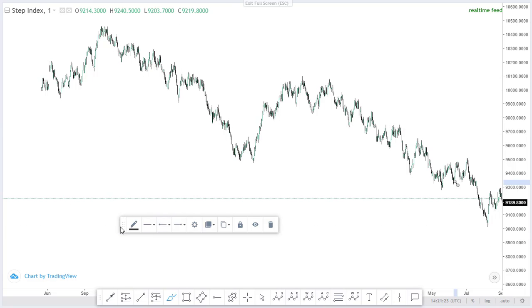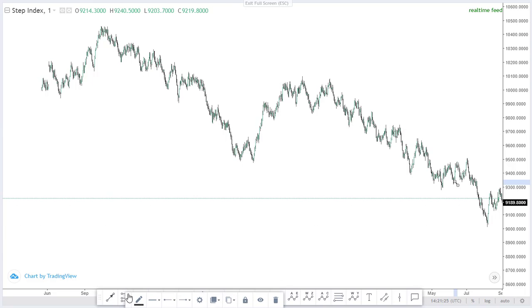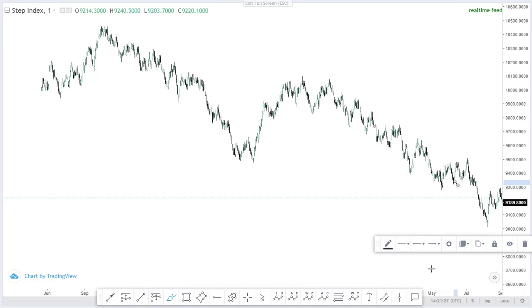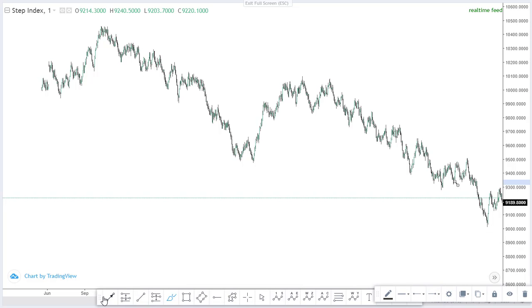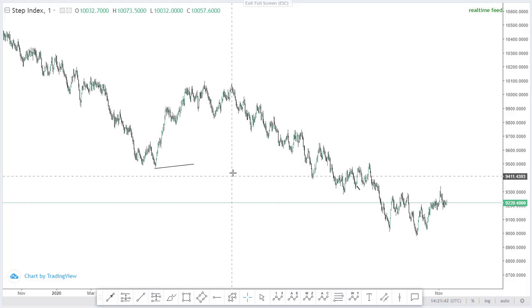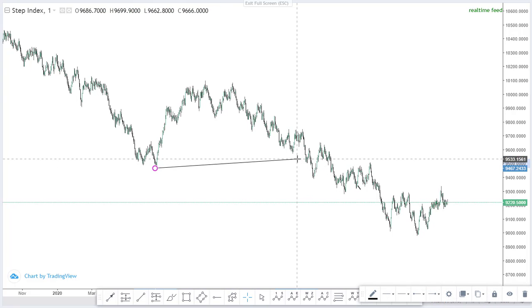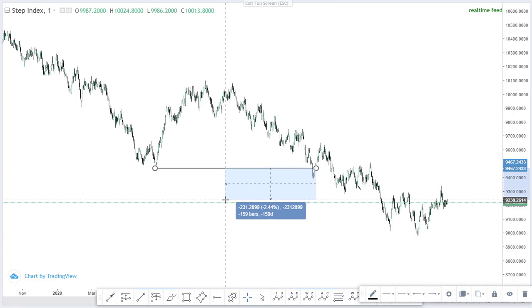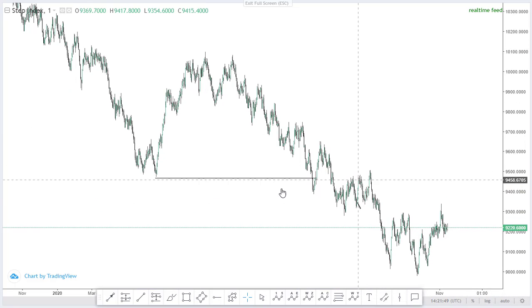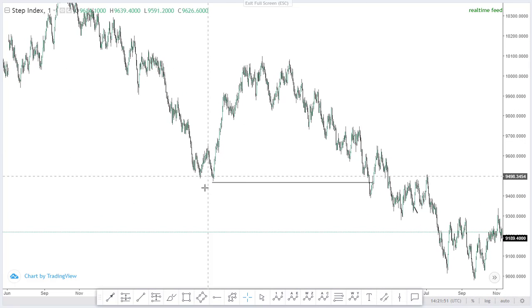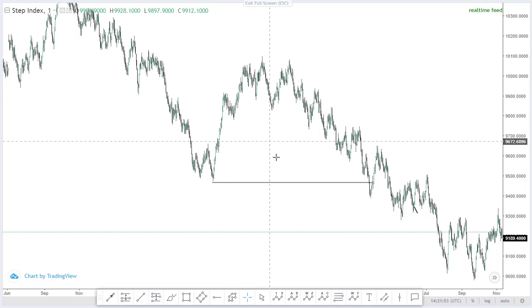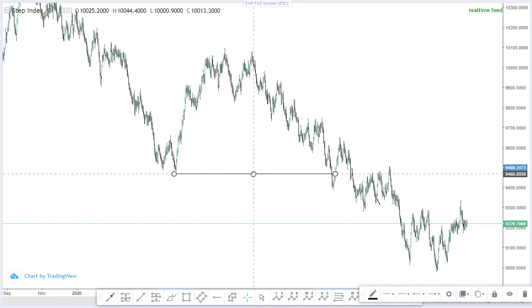So as you see that, if you take this level as your recent break of structure, or if you want, you can even choose this level, because this is a kind of pullback we have at the moment.